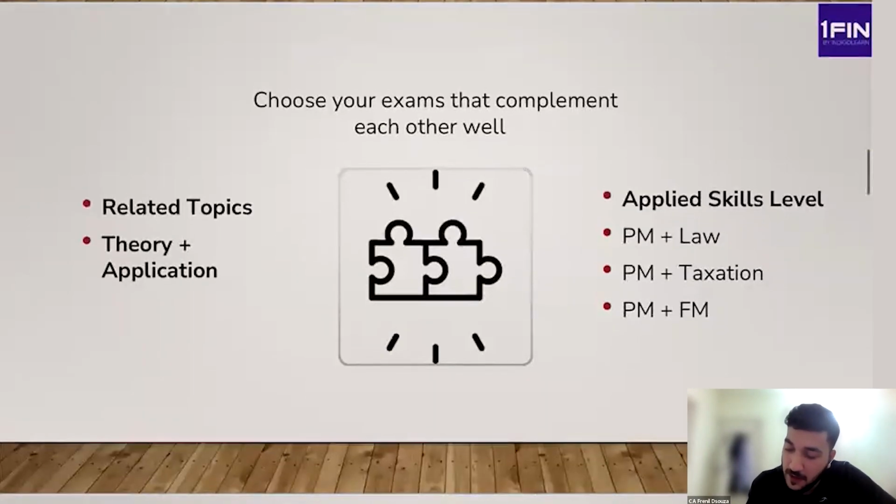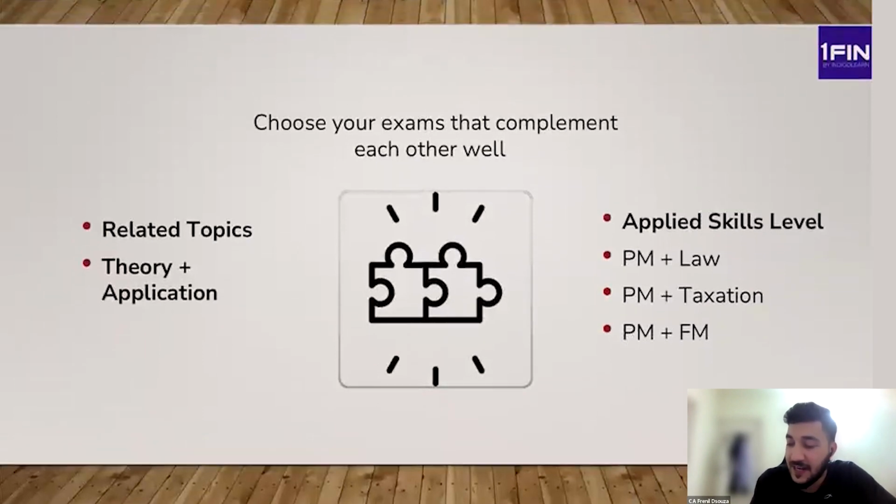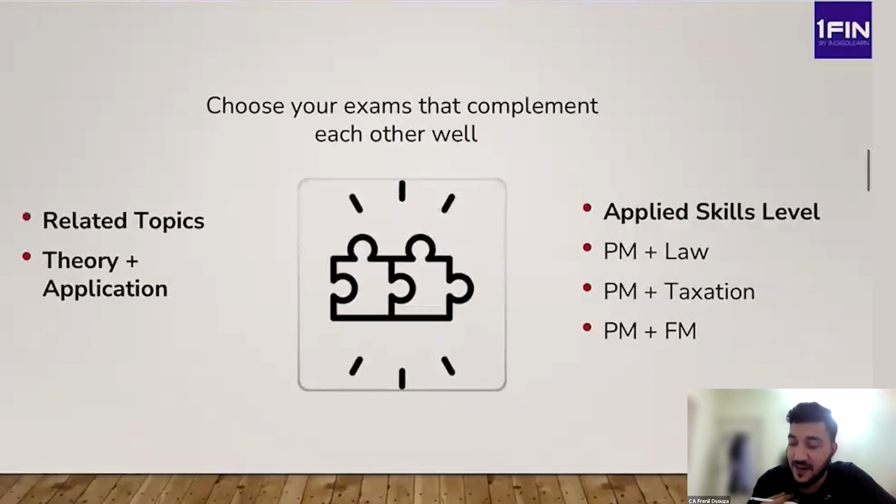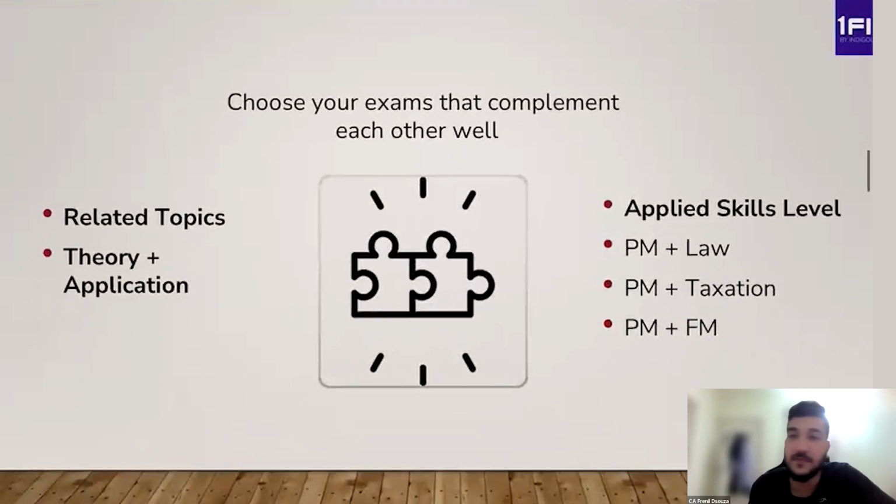Next, whenever you're writing exams, you have to make sure that you choose exams that are complementing each other. When you're writing performance management, if you are planning to write two papers together, whether you should do that or not is completely dependent upon your preferences.